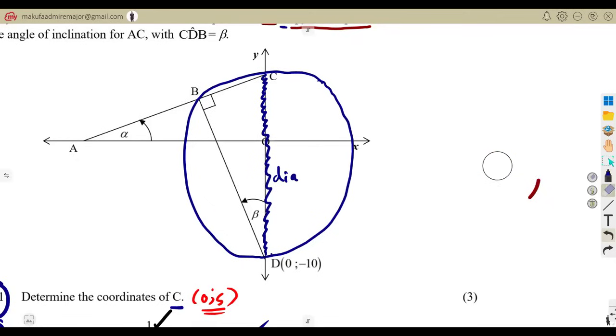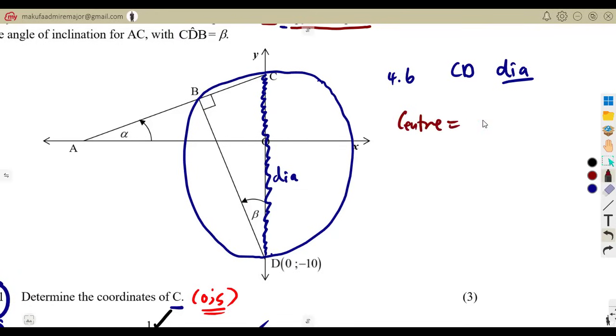So if CD is representing the diameter, what about the center? Therefore, the center is the midpoint of what? Of CD. The midpoint of CD.